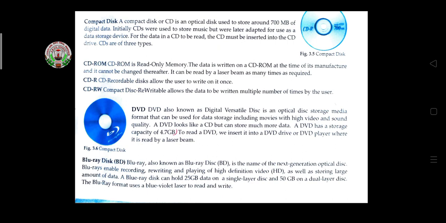In DVD, nowadays we are not using the DVD, but earlier we were using it. At that time, 4 to 5 movies were stored in a DVD, and we could access them with the help of a DVD player. So in our computer or laptop we have to connect the DVD player, and with the help of this DVD player we can access the DVD.